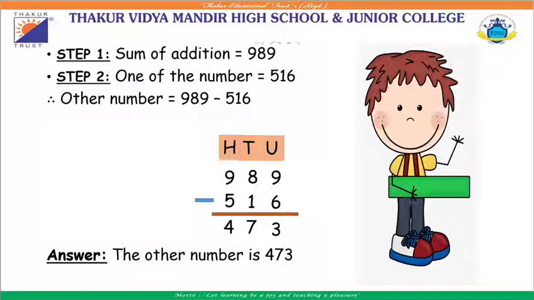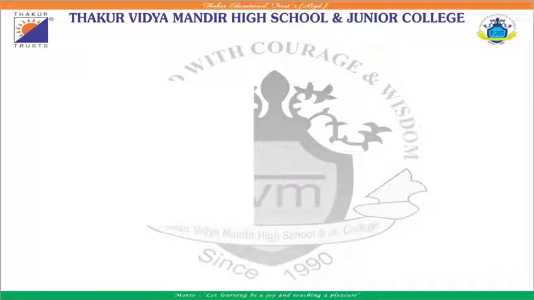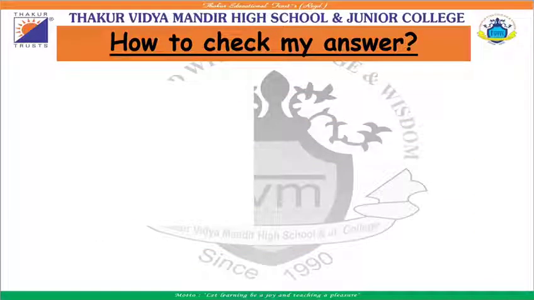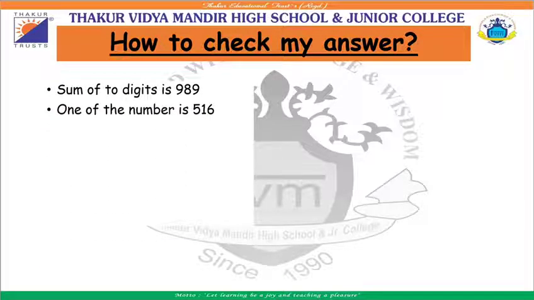So we got the other number as 473. Now if you want to cross-check whether your answer is right or wrong, the question says the sum of the two numbers is 989. One number was 516 and the other number you got is 473.